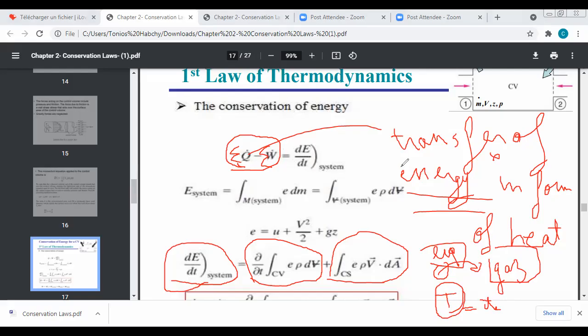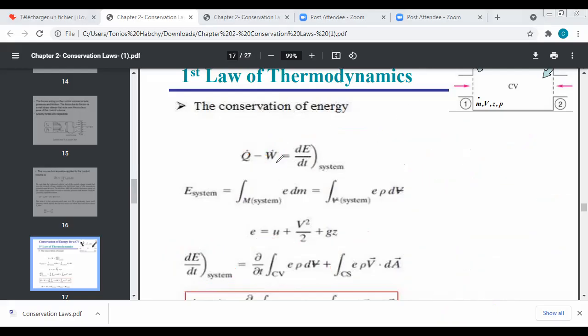Now the other type of transfer of energy is in the form of work. You know that we can have work of forces, and this work of forces will lead to a certain energy variation, because energy, if you recall from dynamics, is defined as force times displacement.